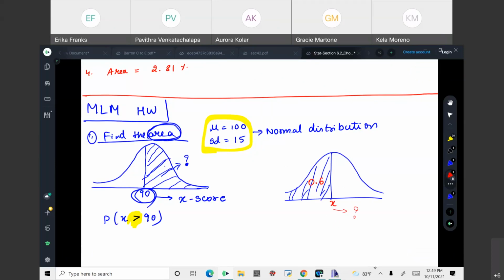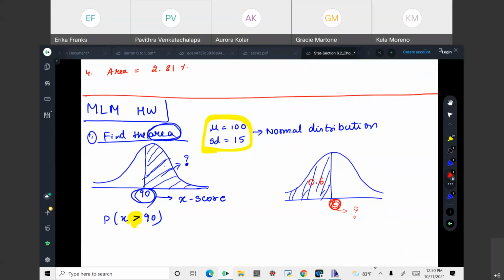If the value is mentioned on the horizontal line, it is a score, and you have to find the area. If an area is given, then you have to find the score. You just have to keep this in mind. It will be very easy.